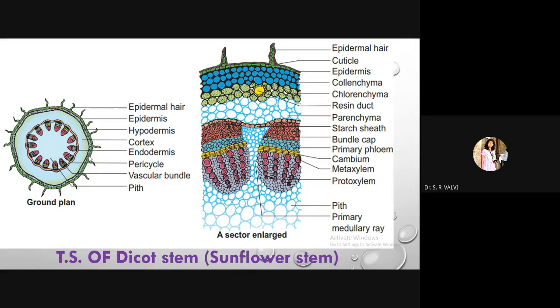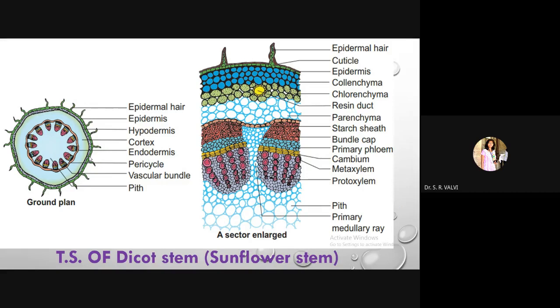Okay, so epidermis is again single layered and it has a waxy cuticle on it in order to prevent moisture loss, as well as it's going to protect the plant part from foreign particles. So cuticle again avoids transpiration. So that is the main important role played by this cuticle.